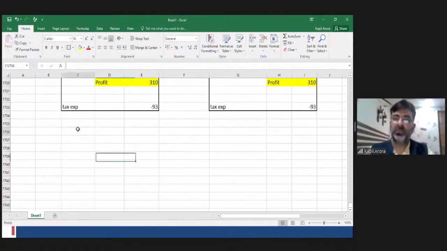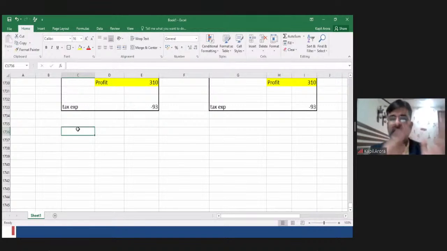Example, I'll take a simple example. I'm not getting into what allowances are there, what things are not allowed. We are just talking about what happens if we are following simple rules here.